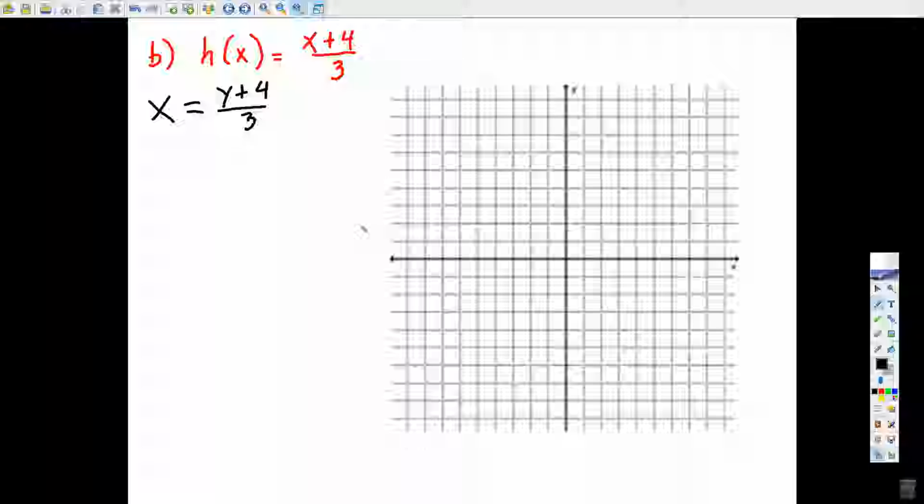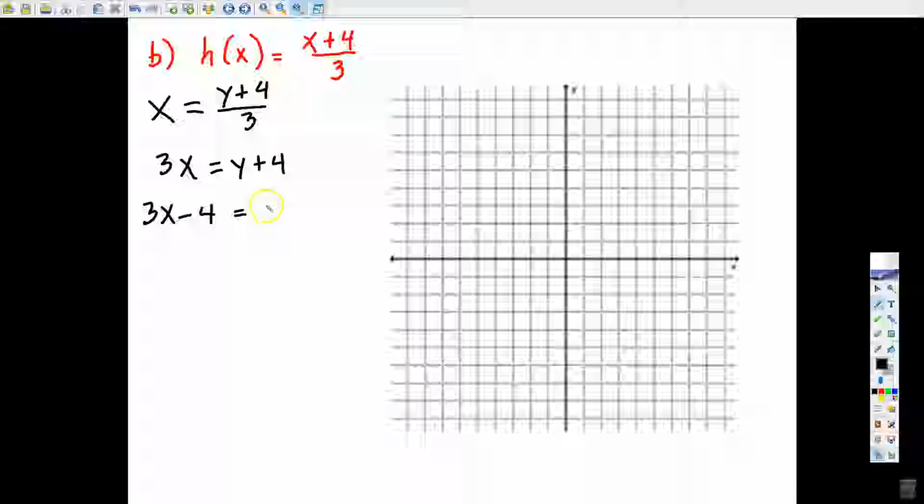So it's a two-step process to find the inverse function. You switch the variables, x and y, and then step 2, you solve for y. So in solving for y, the first thing I'm going to have to do is multiply by 3. And then obviously my next move would be to subtract 4.